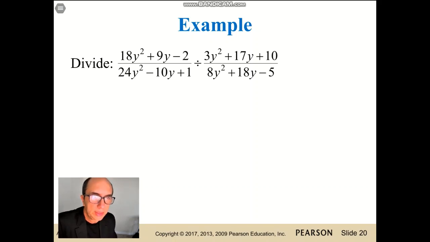But the first thing we're going to do is apply the procedure to divide two rational expressions.